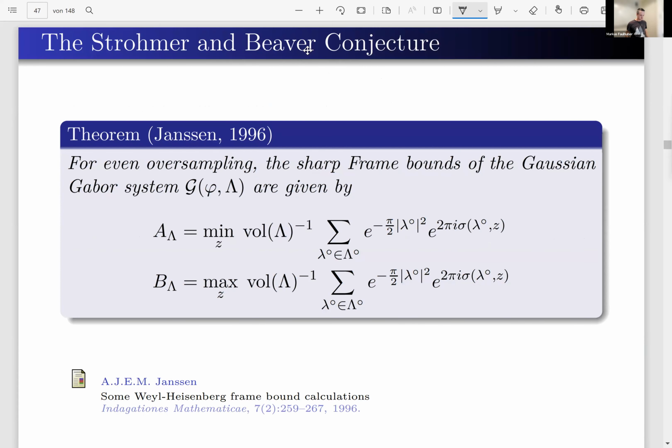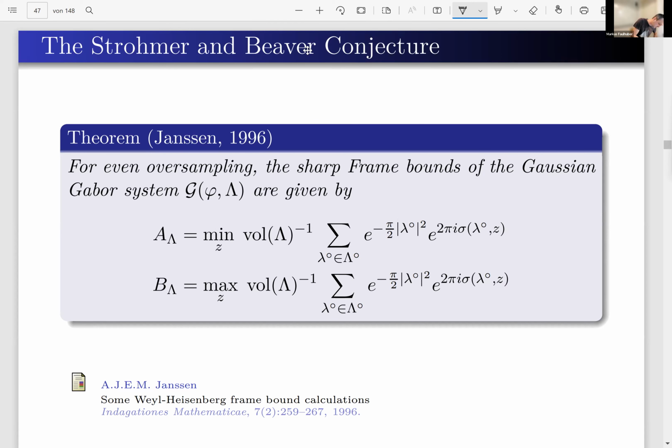And here comes now the crucial part, why we can only do it for even oversampling. So, I mean, often people use some kind of Zak transform methods or something. Janssen uses some duality theory. So instead of having a look at the frame operator, he had a look at the following operator. He takes an operator from little L2 to little L2. He takes a coefficient sequence and builds a function in capital L2.